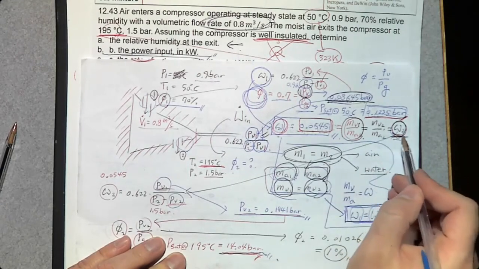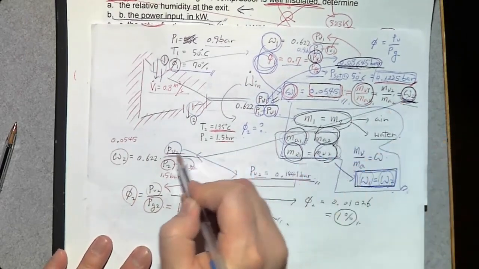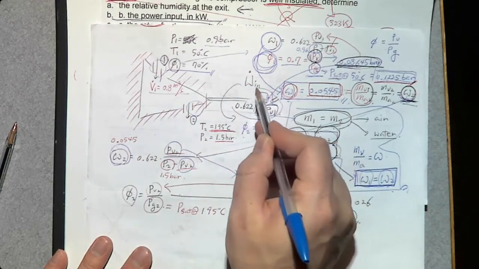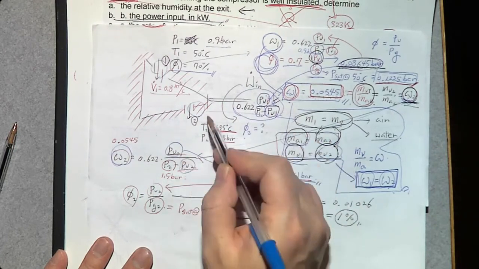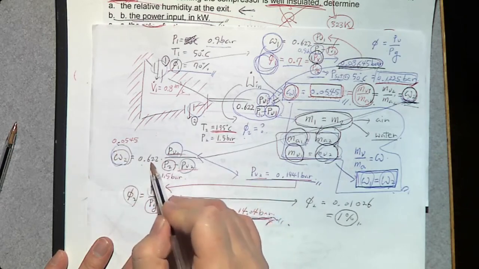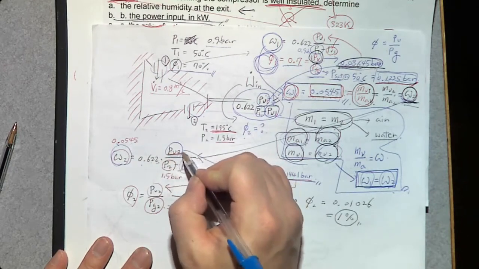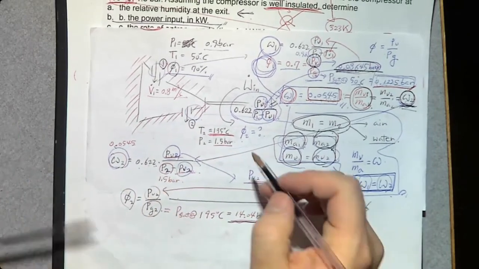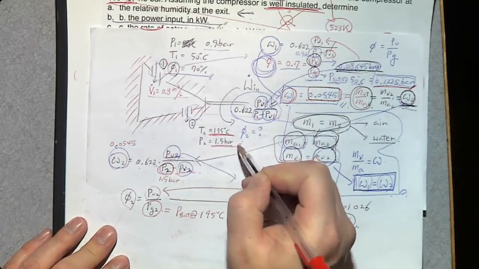Based on this conservation of mass principle, we know omega 1 is the same as omega 2. So omega 2 is 0.0545. Then using this value, we can use the same equation, 0.622 times PV over P minus PV at the exit, number 2. So 0.0545 is 0.622 times PV2 over P2 minus PV2, and the exit pressure, P2, is given here, 1.5.